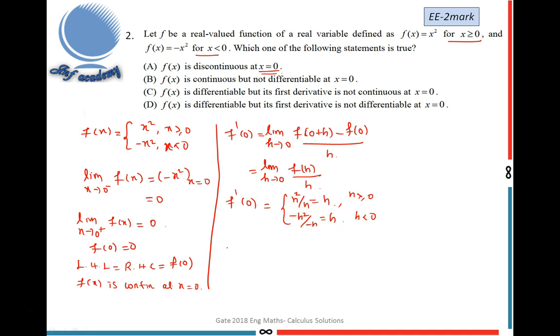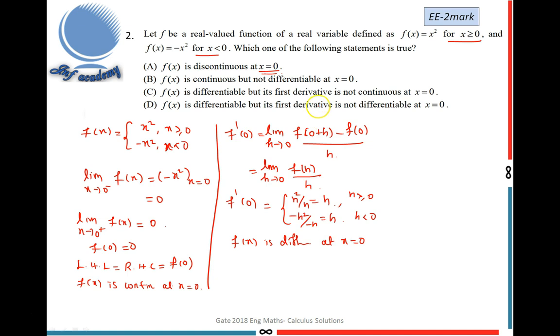This is also h. Here the limit from the right and the limit from the left are the same, so the two-sided limit exists. So f of x is differentiable at x equal to 0.